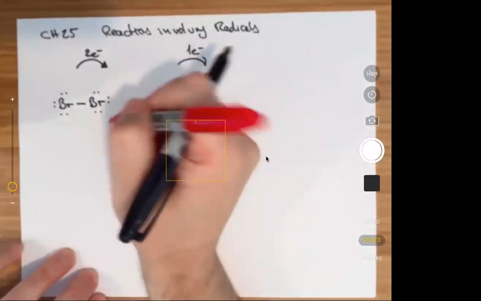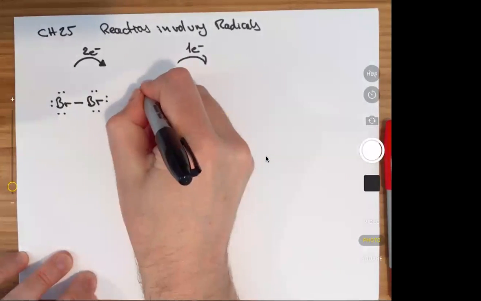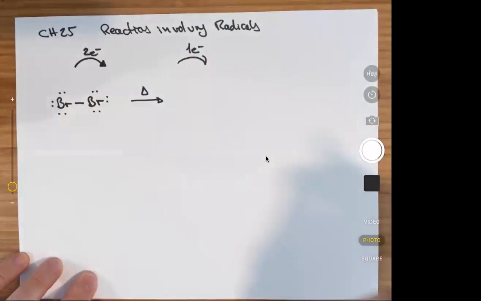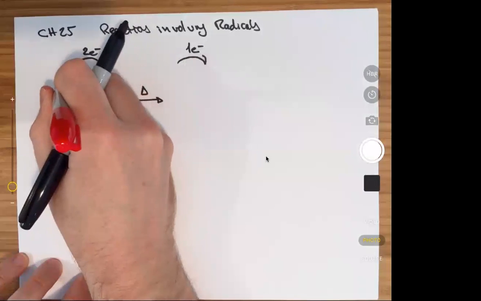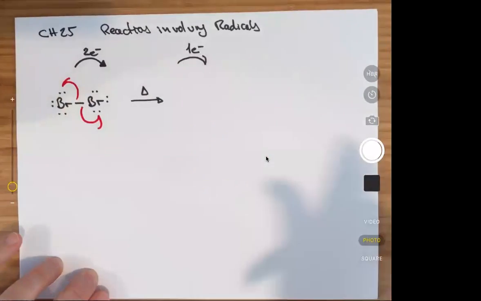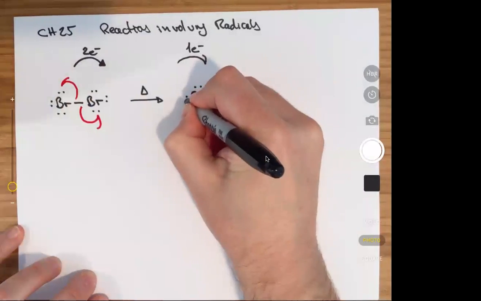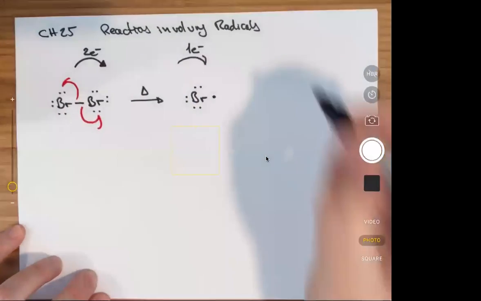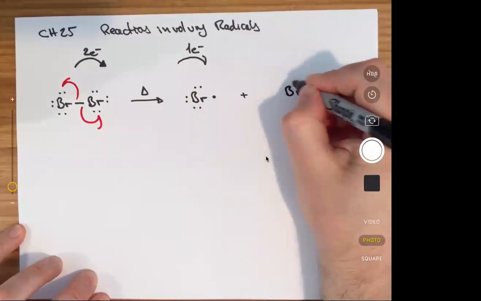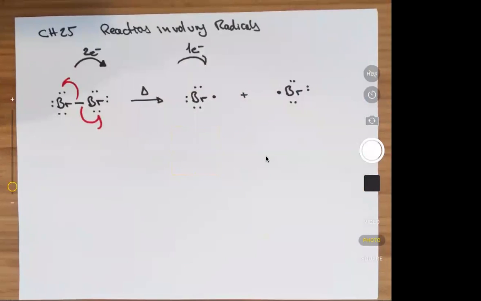This bond is relatively weak, and if you heat it up, the temperature can supply enough energy that the bond breaks in a homolytic split, where you end up with 2 bromine radicals. These are free radicals now, and of course, they don't have an electron octet, so they tend to be very reactive species. That is very characteristic of radical chemistry.